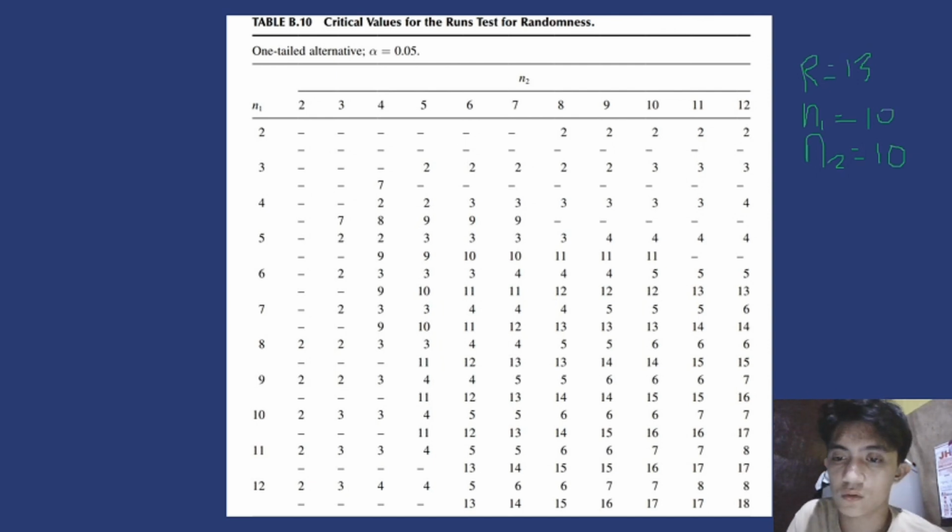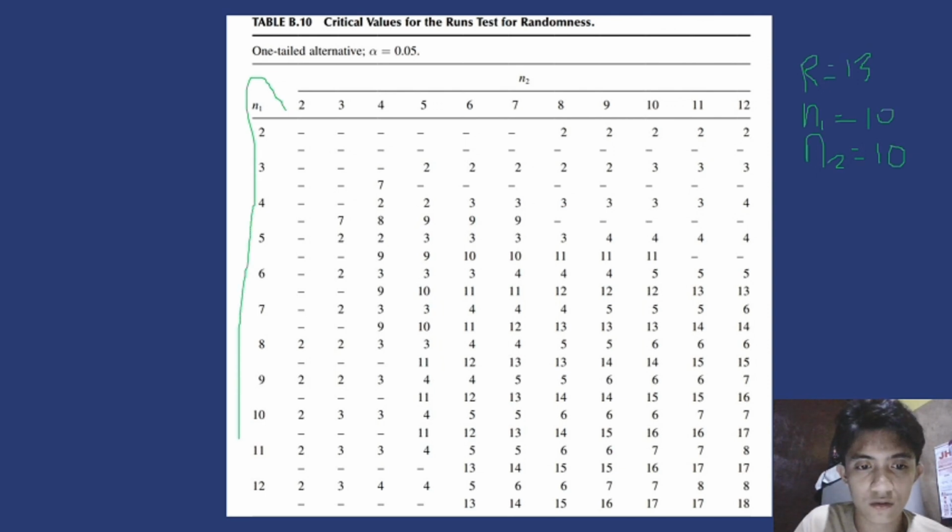If you're going to ask what makes it small data, it is small data if n1 and n2 are less than or equal to 12.